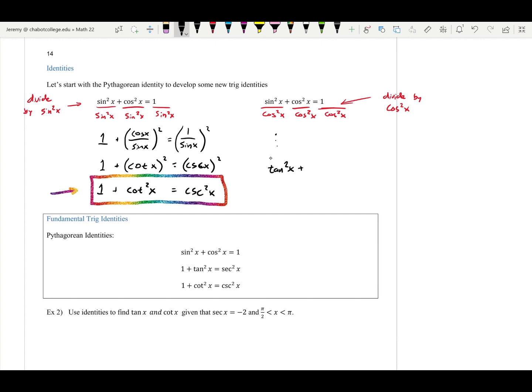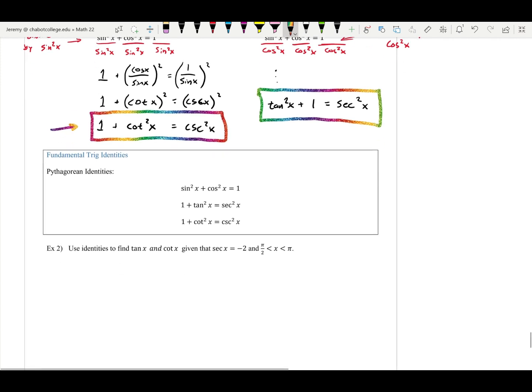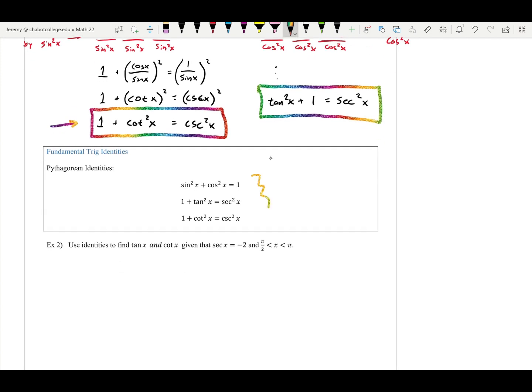Cosine squared divided by cosine squared, that is just 1. And 1 over cosine squared x will give us secant squared x. So here is another Pythagorean identity. Again, not one that I have to memorize, because if I ever need to derive it, I just divide by cosine squared x and it pops right out. Okay, so down here, these are just all 3 of the Pythagorean identities that we use pretty frequently in trigonometry. Okay, and now we know how to derive them.